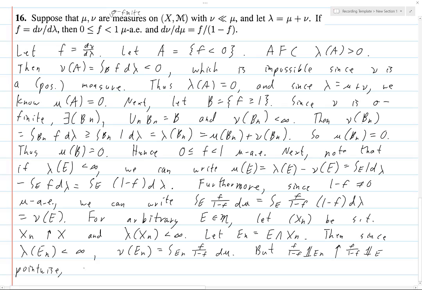So by monotone convergence we have nu E equals the integral over E of f over 1 minus f d mu. But what does this mean in terms of d nu d mu? This means precisely that d nu d mu is equal to f over 1 minus f. And there we go. This completes the proof.